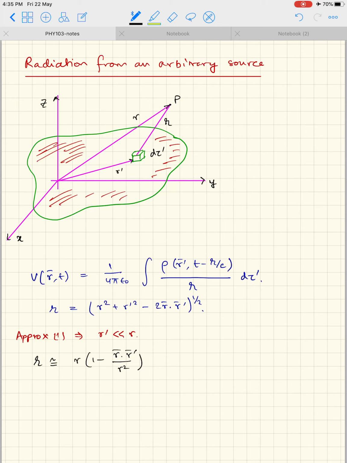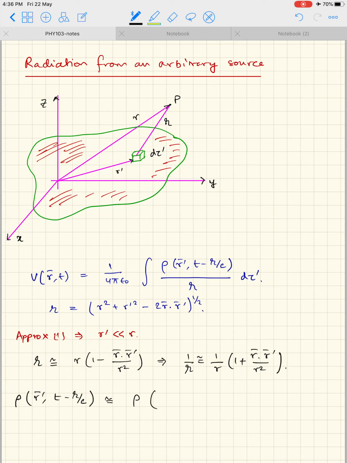That takes care of the 2. So this essentially means that 1 over r is approximately equal to 1 over r times 1 plus r dot r primed by r squared.